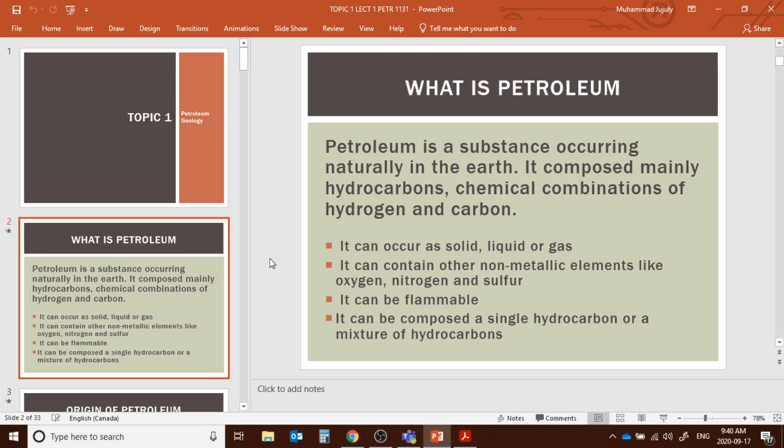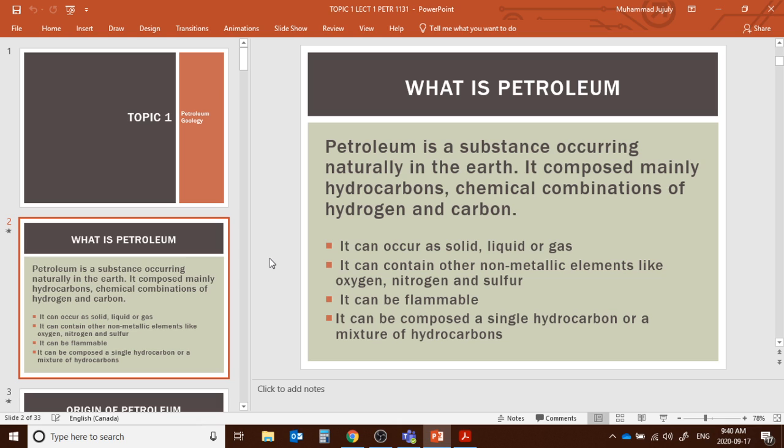As I said, it can sometimes contain some impurities, like metallic or non-metallic elements, for instance oxygen, nitrogen, sulfur, and some other trace materials.